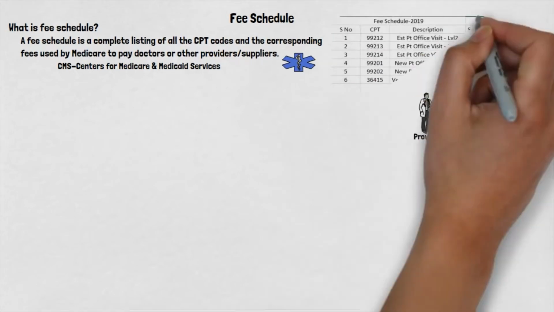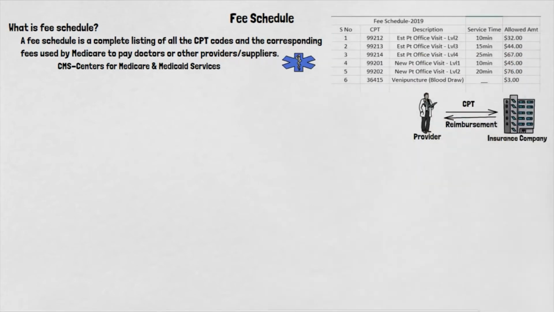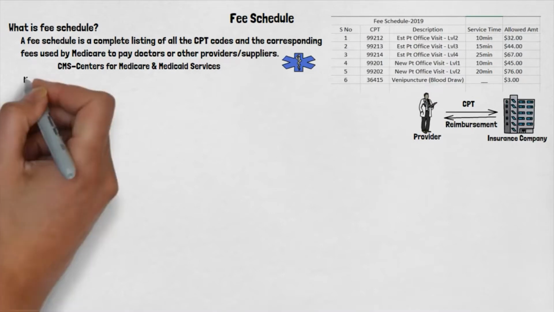If you look at the figure, this is how a typical fee schedule looks. For explanation's sake, we have mentioned only a few CPT codes, but the actual fee schedule will list out all the CPT codes ranging from 00100 to 99499 and the corresponding fees or allowed amounts.